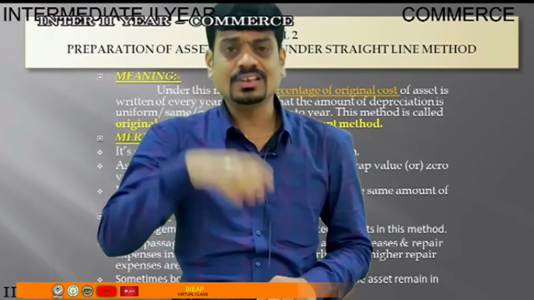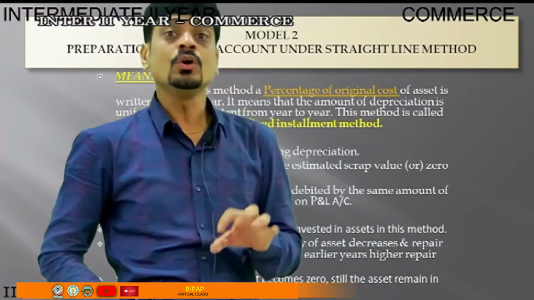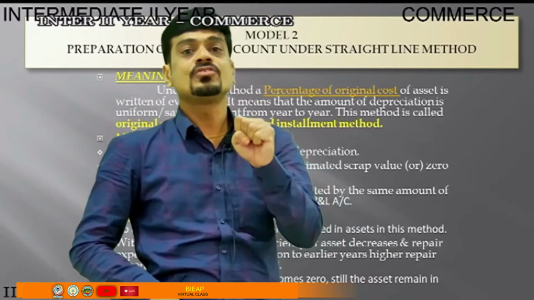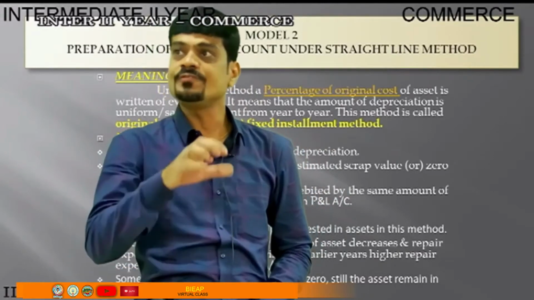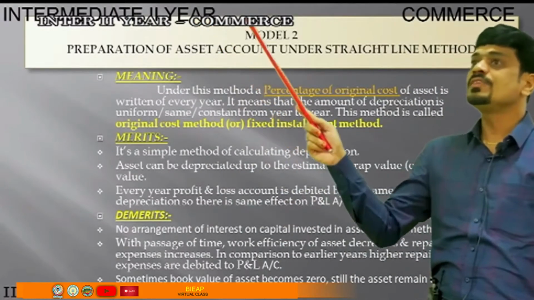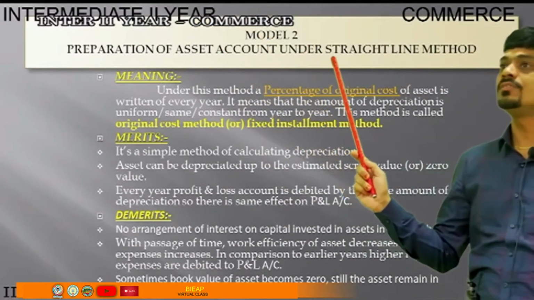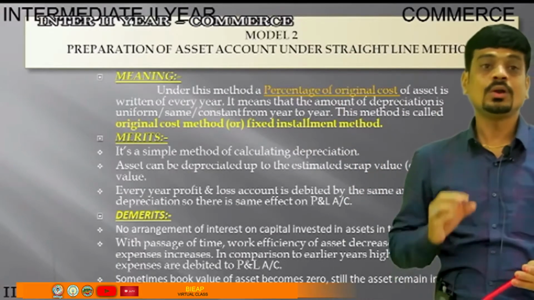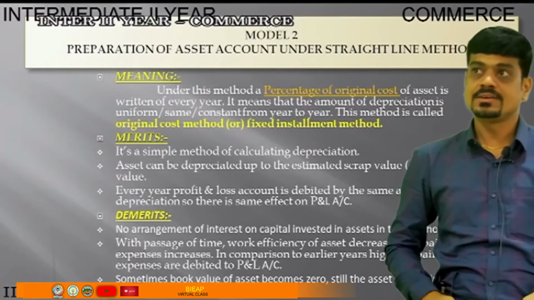So it's very important to know first the concept of the method of charging depreciation. The first method of charging depreciation, as I said, under which we are going to prepare the asset account, is the straight line method. So first we'll know what is the meaning of straight line method.